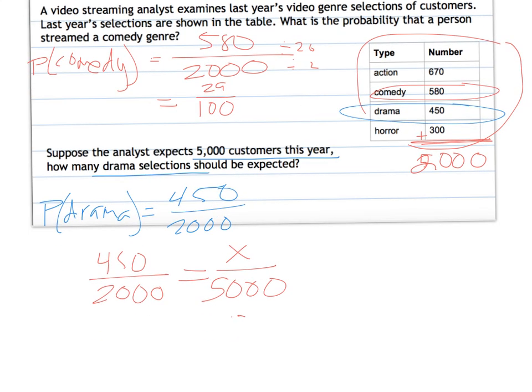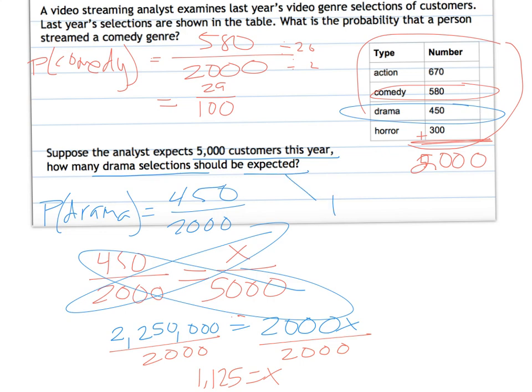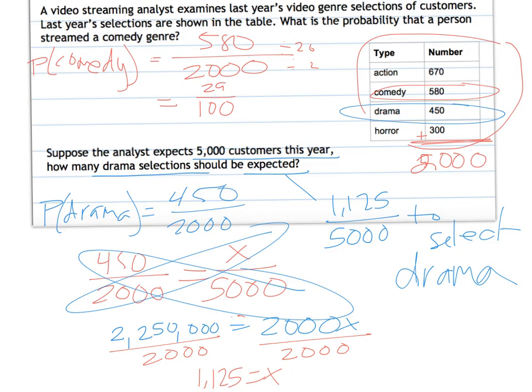We do our cross products and get 2,250,000 equals 2,000x. We divide by 2,000 to find that 1,125 is the value of x, which means we could expect 1,125 people out of 5,000 to select drama. So we use probabilities to make predictions.